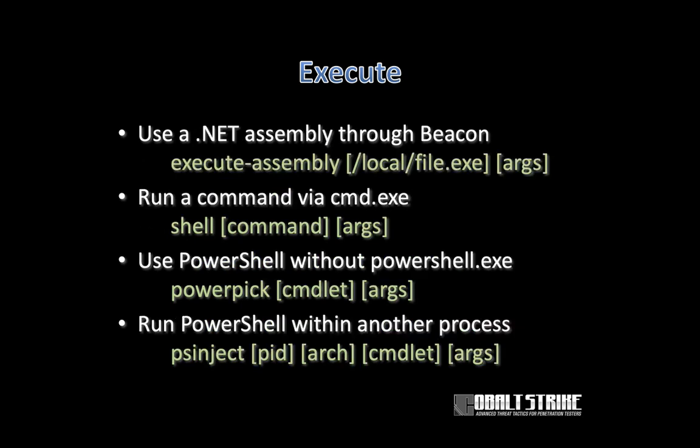Here are some other ways to execute programs through Beacon. Let's say you've got an awesome capability written in .NET. You can run a .NET assembly through Beacon without touching disk. Use execute-assembly. You can do execute-assembly, the path to the file locally, and your arguments.